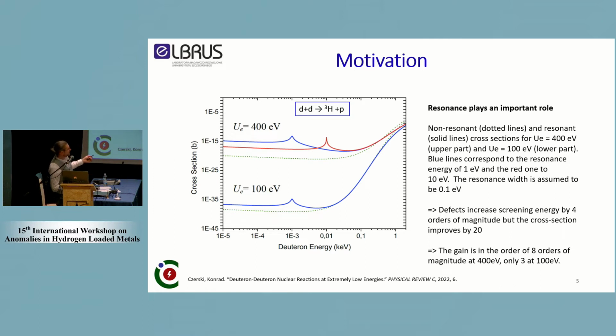We have these very narrow resonances that are predicted by the theory of Konrad Czerski, and that would help us greatly enhance the reaction rate by orders of magnitude. So here we have an increase between this dotted line and this peak of 8 orders of magnitude, and here of 4.